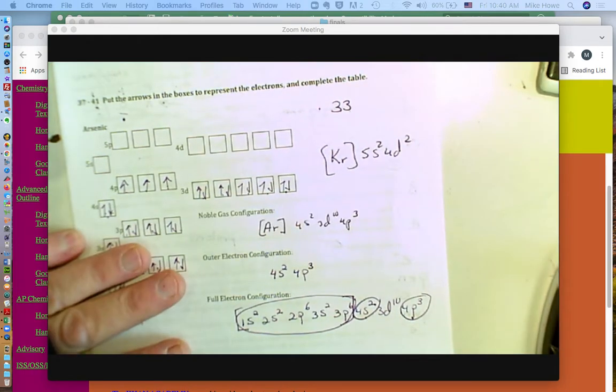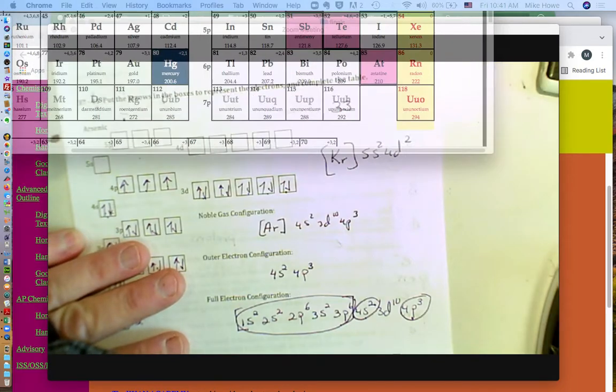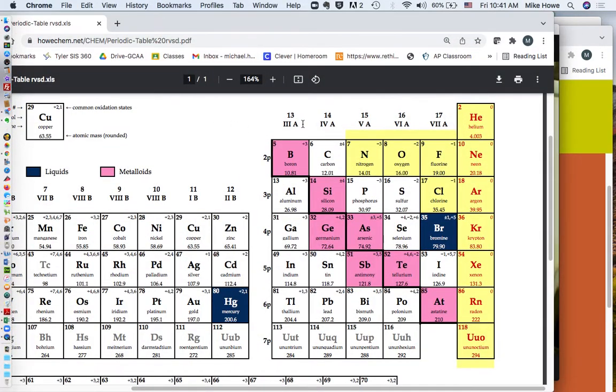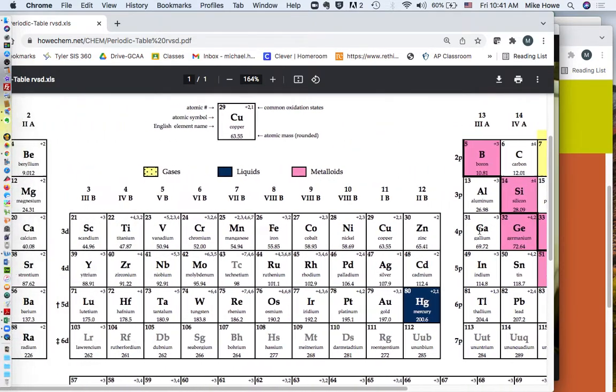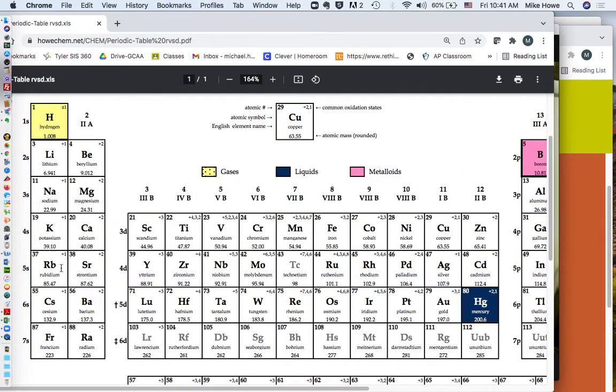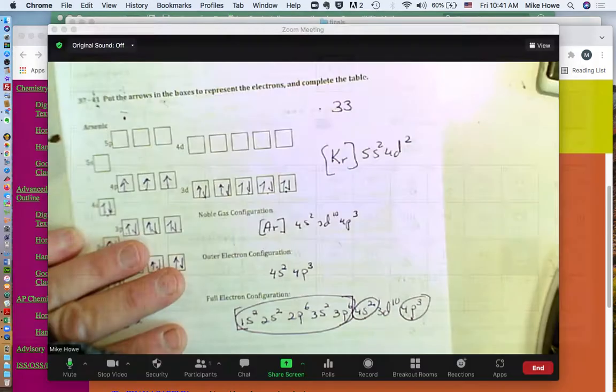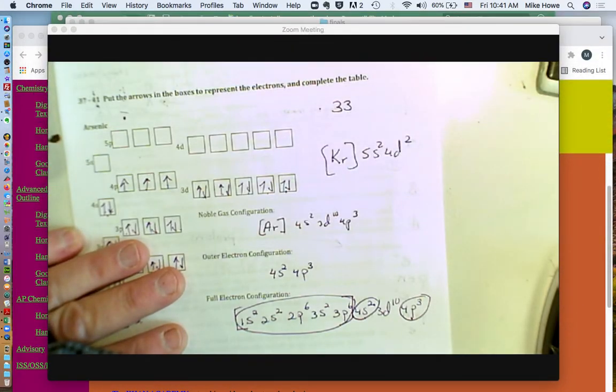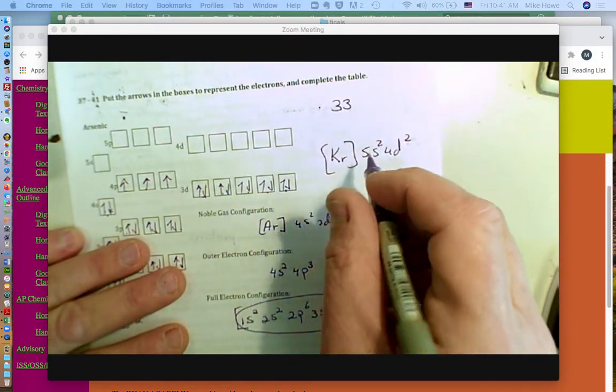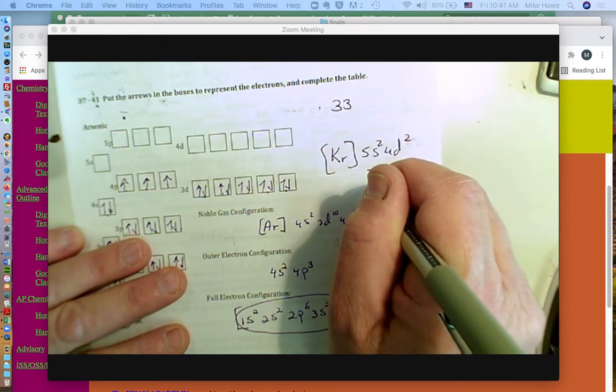Well, then you look at your periodic table. And Kr is right here. So I know that whatever element I'm talking about has 36 electrons. Then you go to the next row down, 5s2, 4d2. So the element I'd be talking about would be zirconium, Zr. So that's how you could use noble gas configuration. To avoid writing the complete electron configuration, you can use a noble gas as a shortcut. So that would be zirconium.